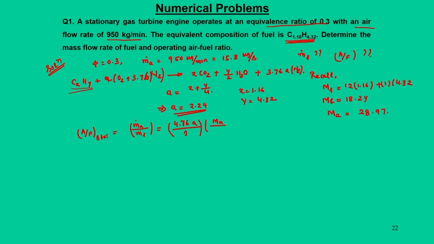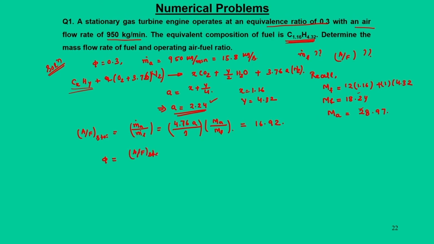We have A, Ma and Mf, so the stoichiometric air-fuel ratio will be 16.92.